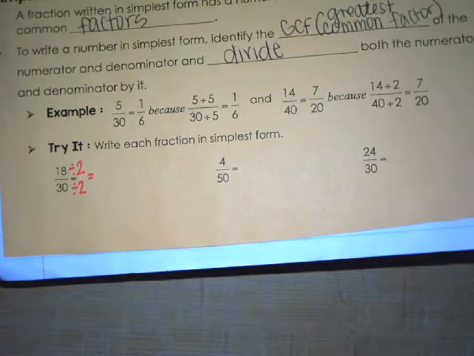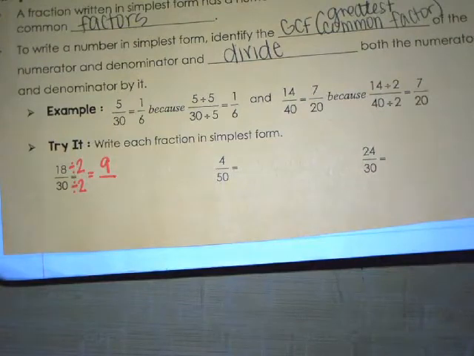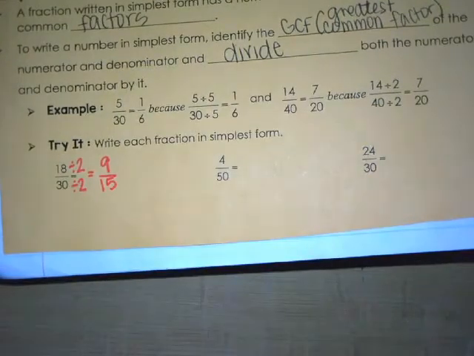What is 18 divided by 2, everyone? And then I have 30 divided by 2. So now I have 9/15. I still need to ask myself, is 9/15 in simplest form, or can I simplify it further? What do you think, everyone? Simplify it further. I can keep going.